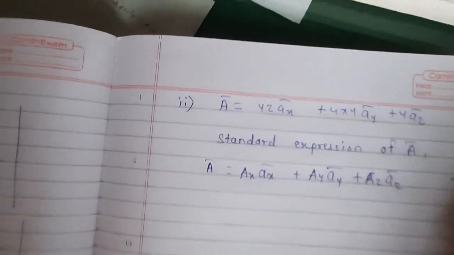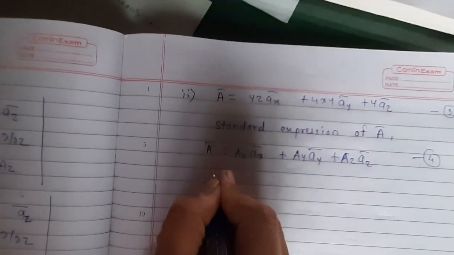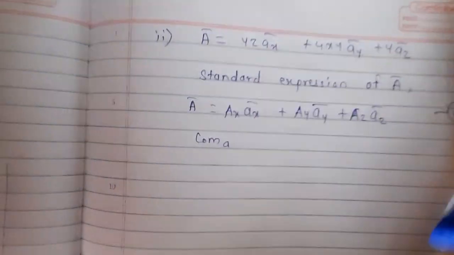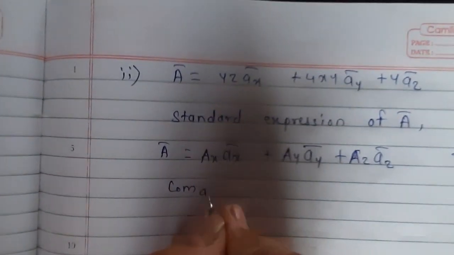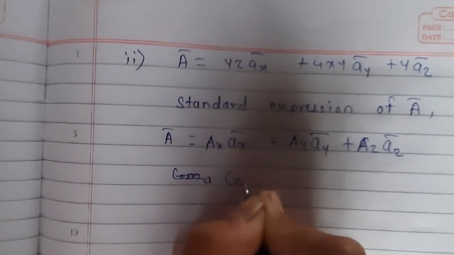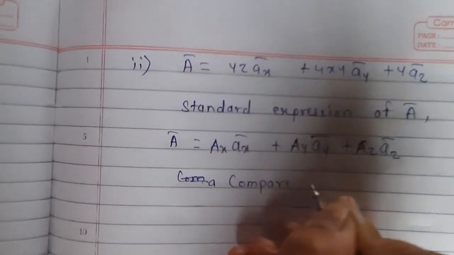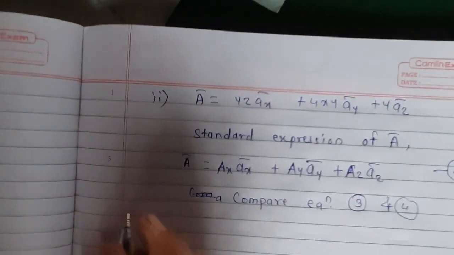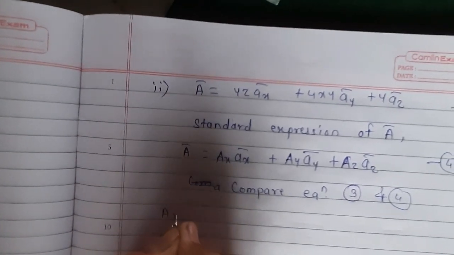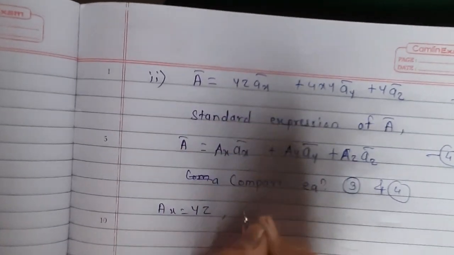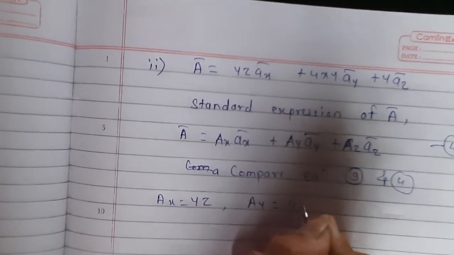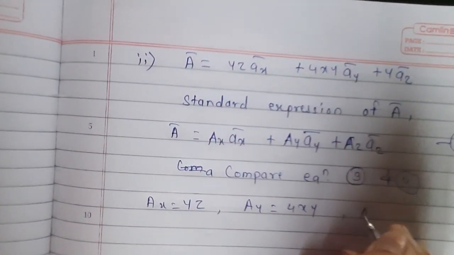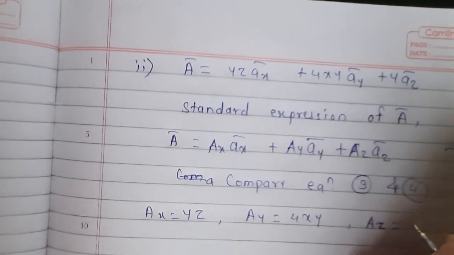This is equation 4. So we compare equation 3 and 4. So ax is equal to yz, ay is 4xy, and az is equal to y.